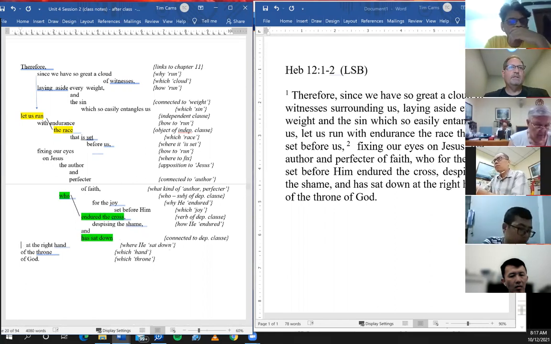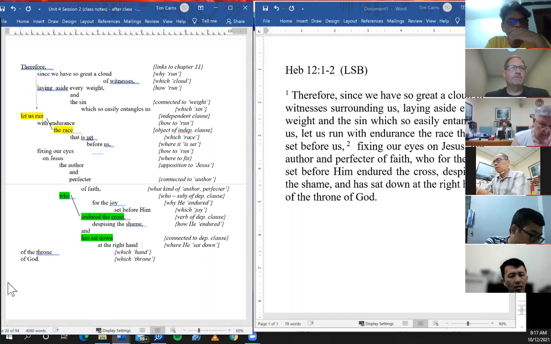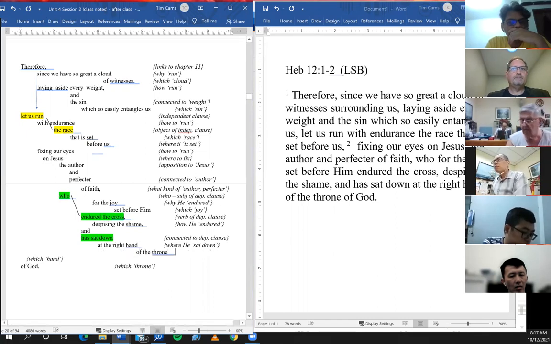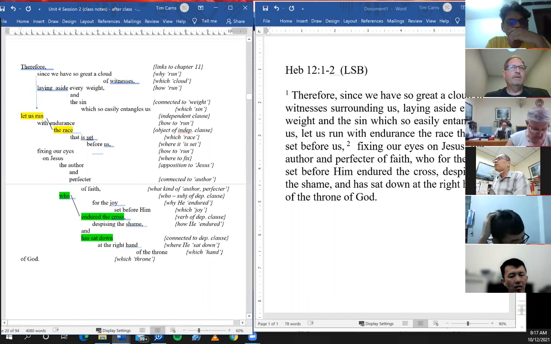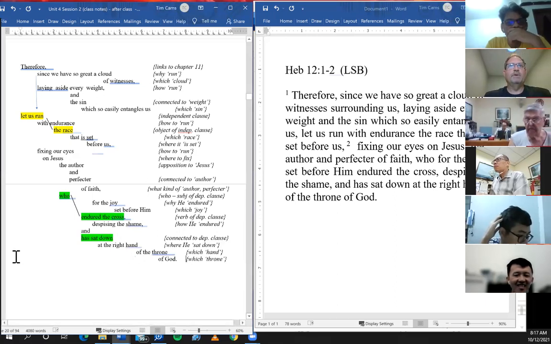Where did he sit down? At the right hand. So that's answering the question, where. Of the throne, that's which hand. And then finally, which throne, of God. Okay, so that's the whole process here, the whole diagram.